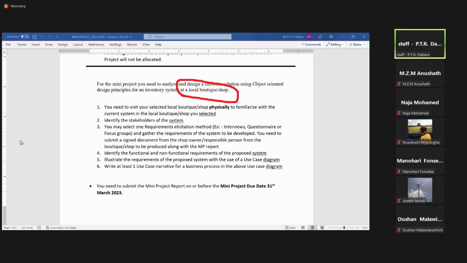You don't have to even have a discussion session. It's clearly written here: you may select one requirement elicitation method to gather requirements. You need to submit some signed documents. That's it. I'm repeating the same thing. Yes, the recording will be available. Yes, you may select more than one requirements elicitation method.